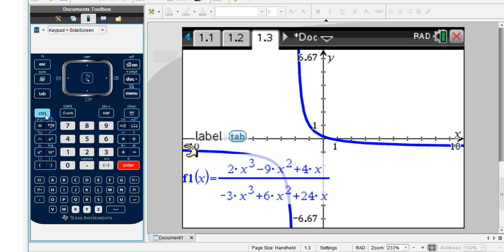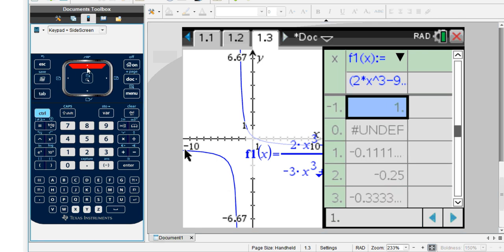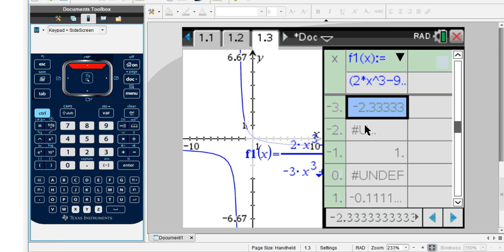To verify that that's the case, I'm going to go to Control T again, and this time go to negative 2. Well, at 0 we are undefined. We don't see an asymptote. That's because we have a hole or removable discontinuity at x equals 0. And also, our vertical asymptote is where x equals negative 2.